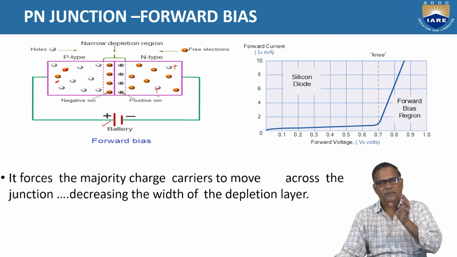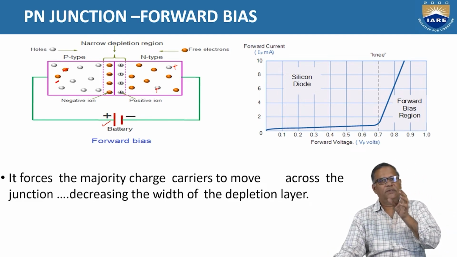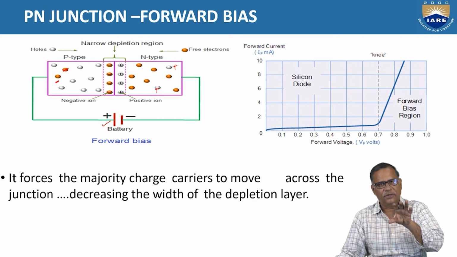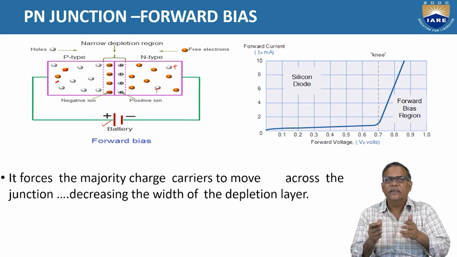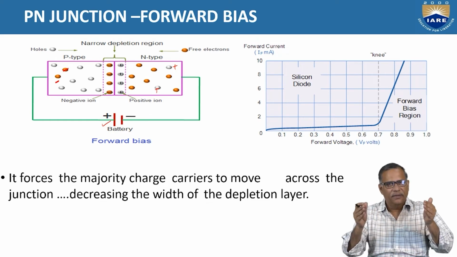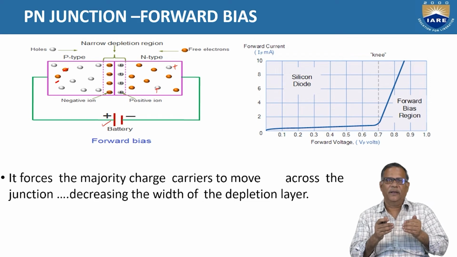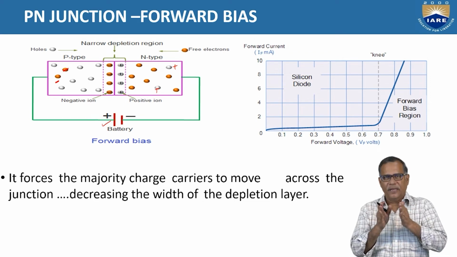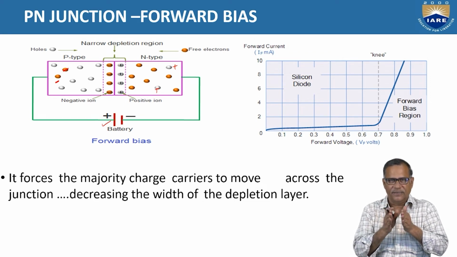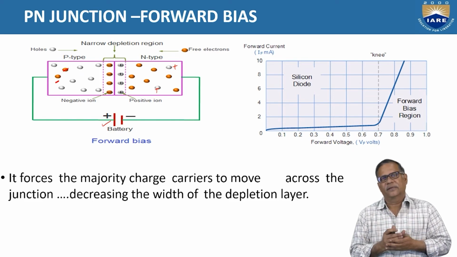So what happens? The number of positive ions and negative ions at the junction decreases because they travel towards the battery. The barrier potential width reduces the moment you apply forward bias.